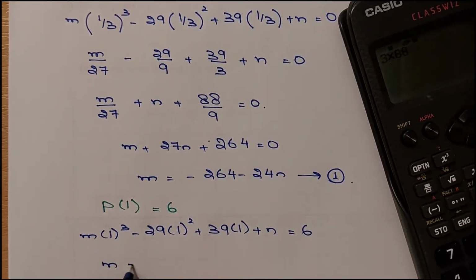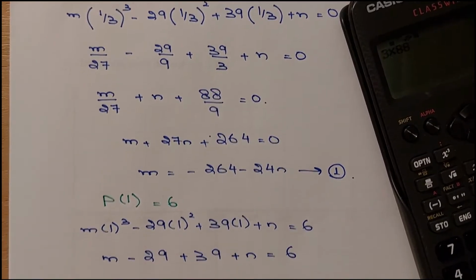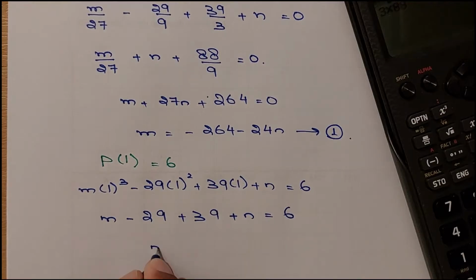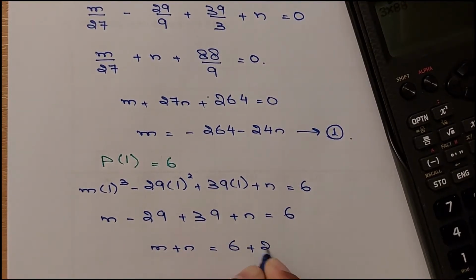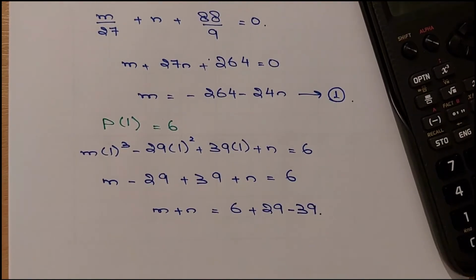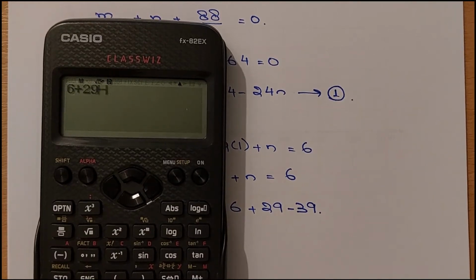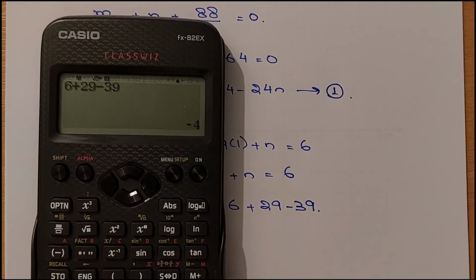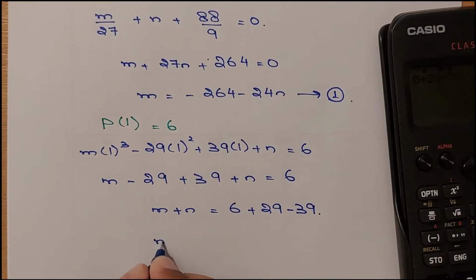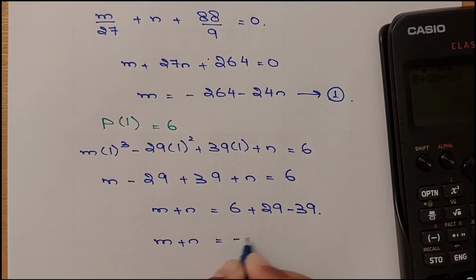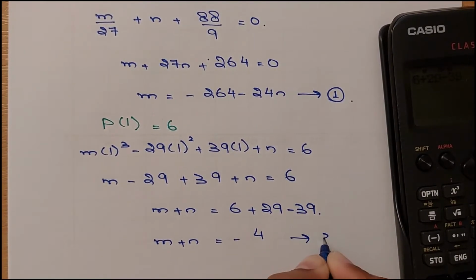So here we have m minus 29 plus 39 plus n equals 6. So m plus n equals 6 plus 29 minus 39, right? Okay, 6 plus 29 minus 39 is negative 4. So m plus n equals minus 4. This is my second equation.